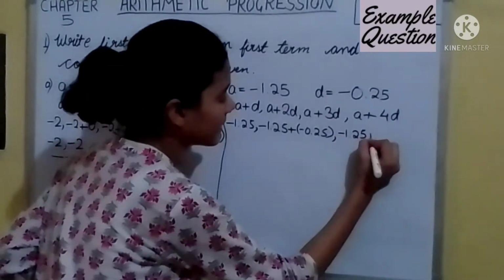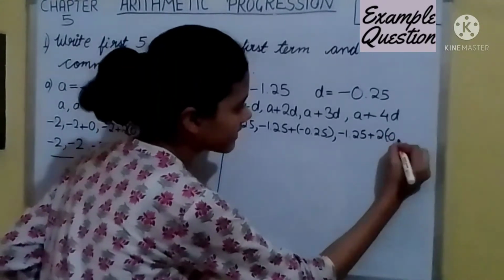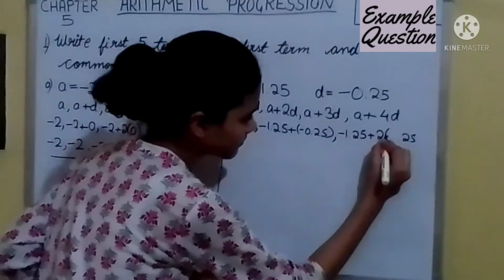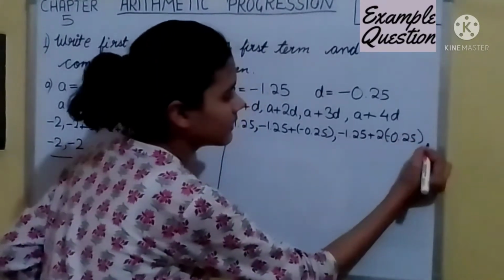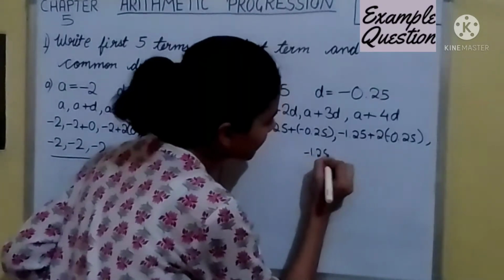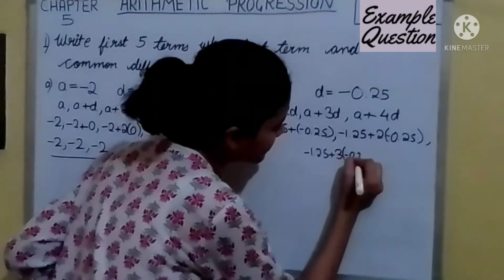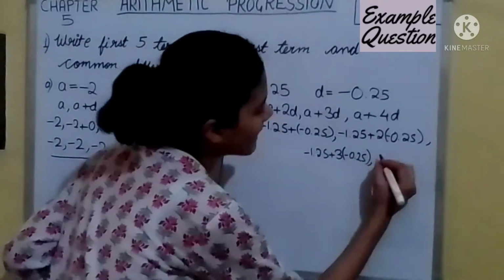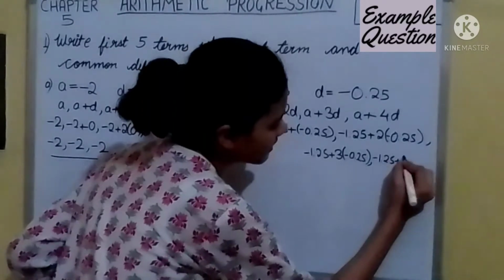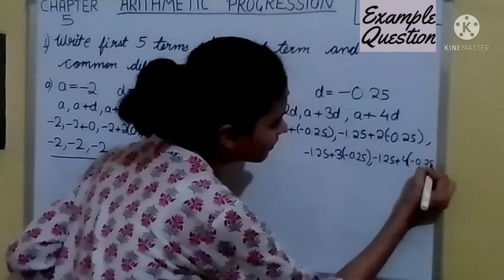-1.25 plus 2 multiplied by -0.25, -1.25 plus 3 multiplied by -0.25, -1.25 plus 4 multiplied by -0.25.